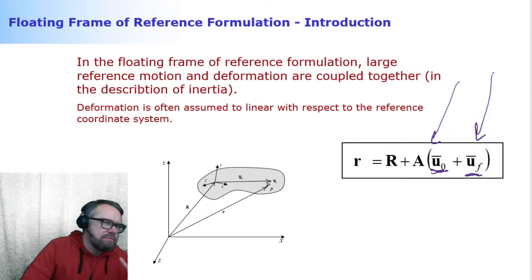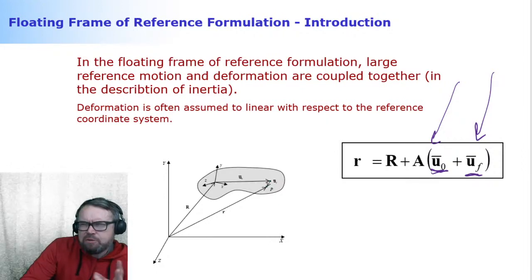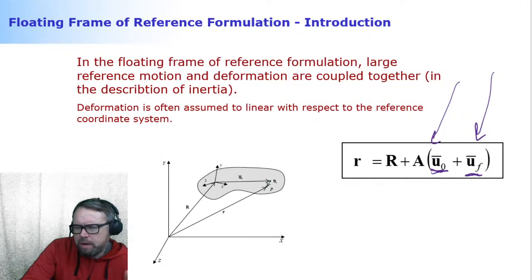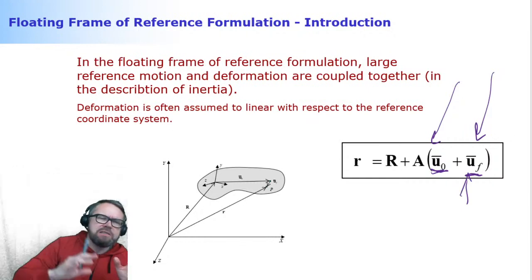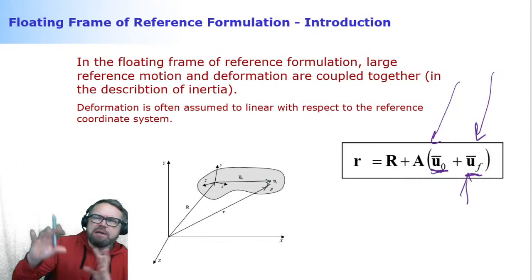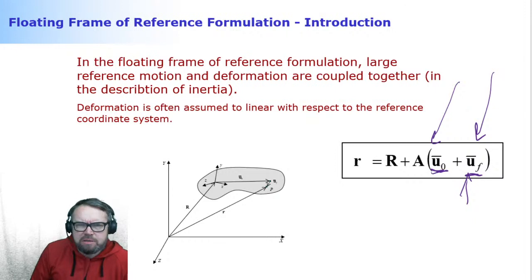But we have to do some kind of discretization. There's no way we can describe every single particle so that they can have relative motion with respect to each other, because there are millions and millions of particles in each of the bodies.